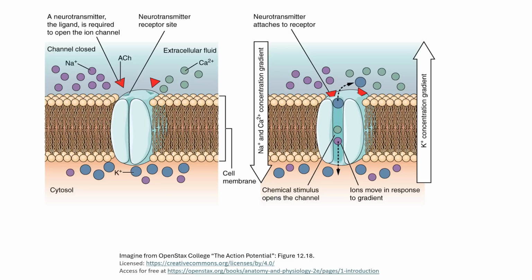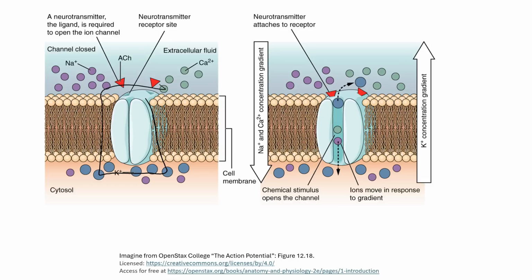What we are looking at now is a close-up of one receptor within the plasma membrane of the dendrite of the postsynaptic neuron. As was depicted in the prior image, there would be many of these, but we are just focusing on one to try to understand how it works.